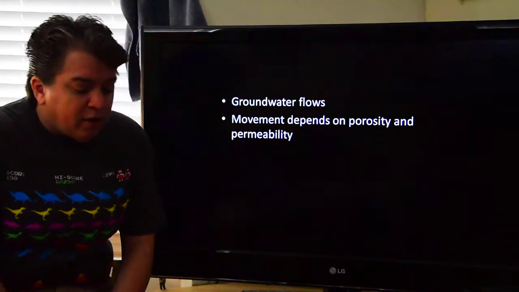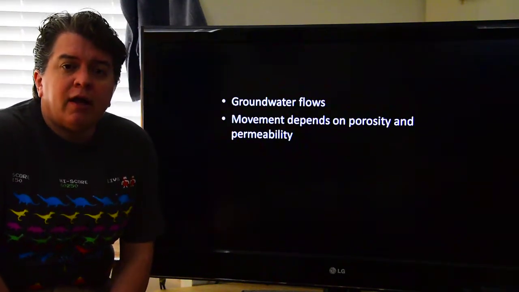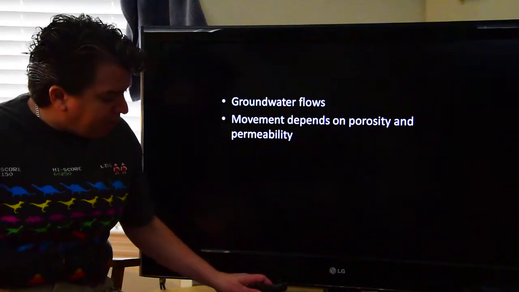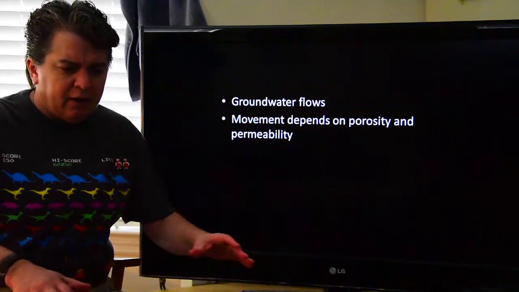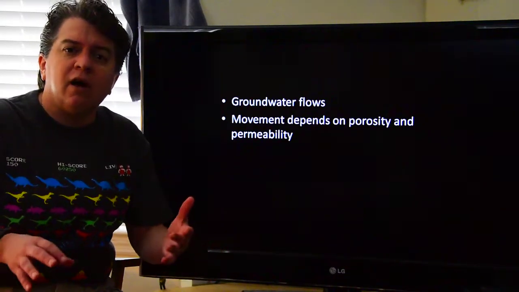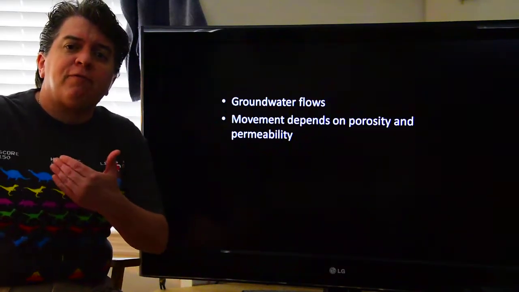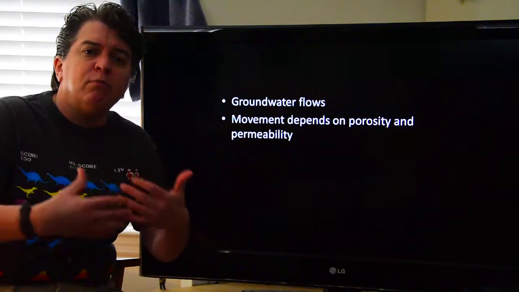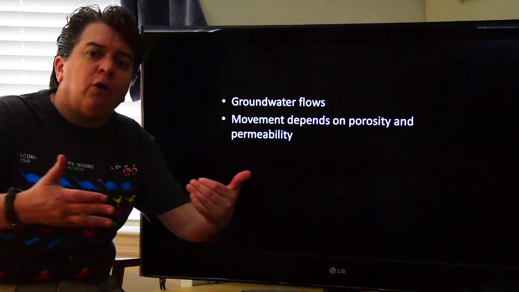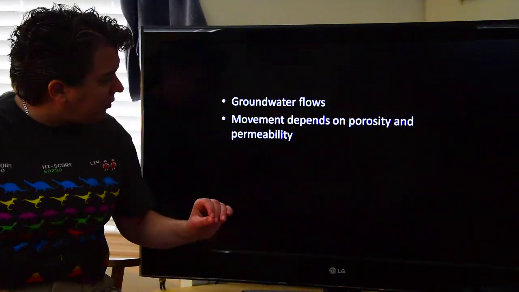So some important concepts to keep in mind when we're looking at groundwater is oftentimes people picture groundwater as just this pool of water sitting underground, and it's not. It is actually flowing. Groundwater is always moving, so it's more like this river underground that's slowly moving through the rocks.